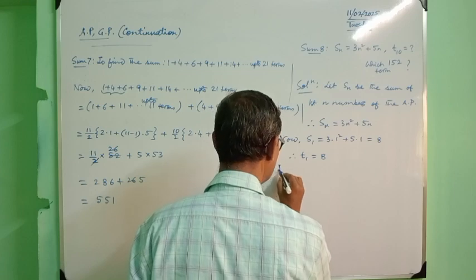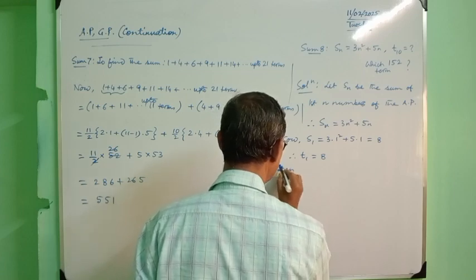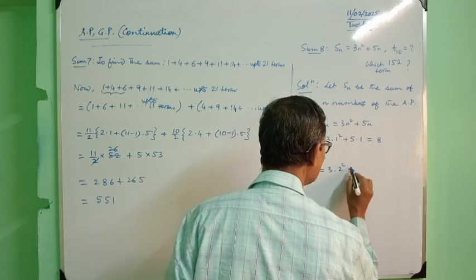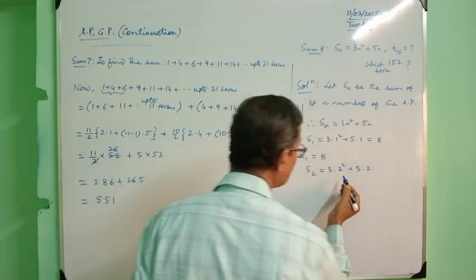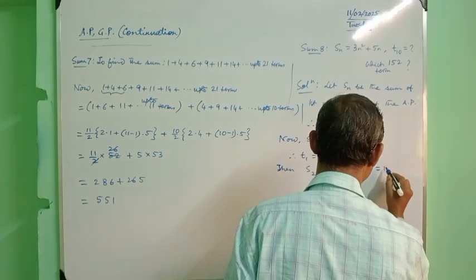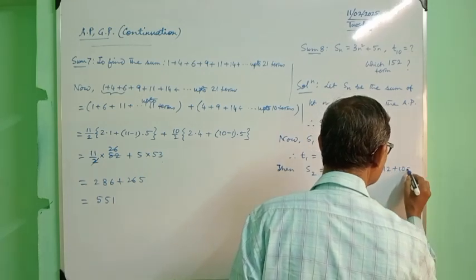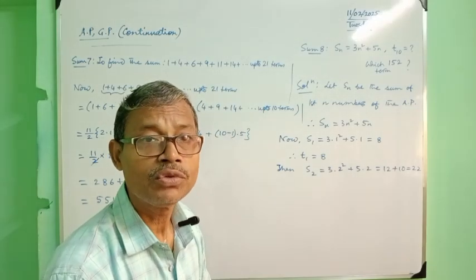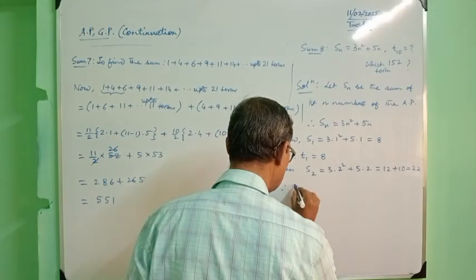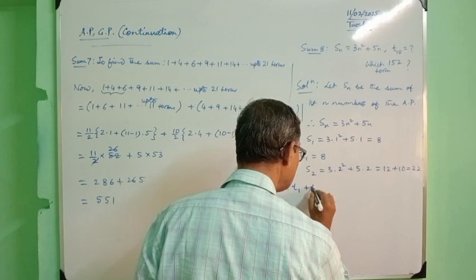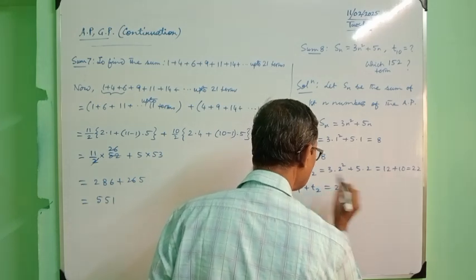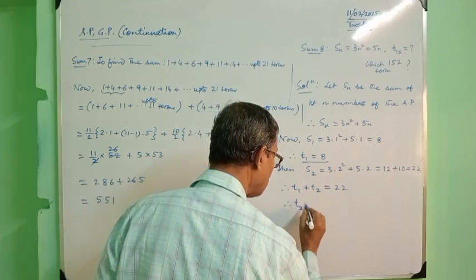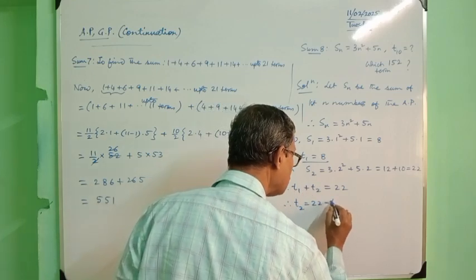Then S2 equal to 3 into 2 square plus 5 into 2. 12 plus 10, 22. Now S2 means sum of first two terms. Therefore, T1 plus T2 equal to 22. Already we have got first term. Therefore, T2 equal to 22 minus T1.